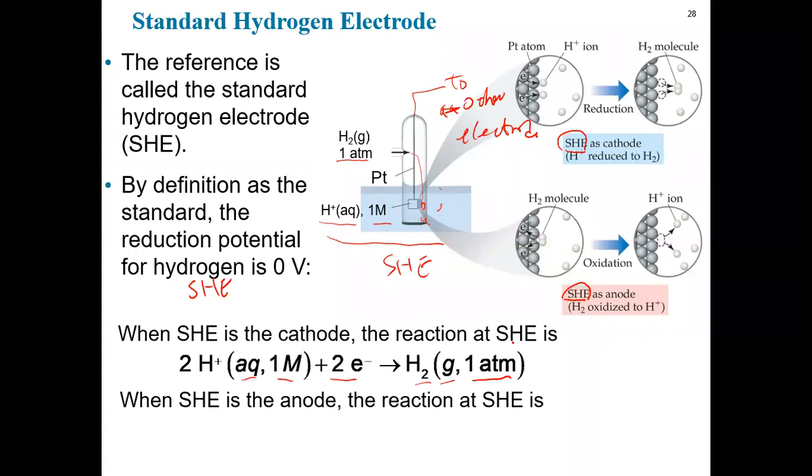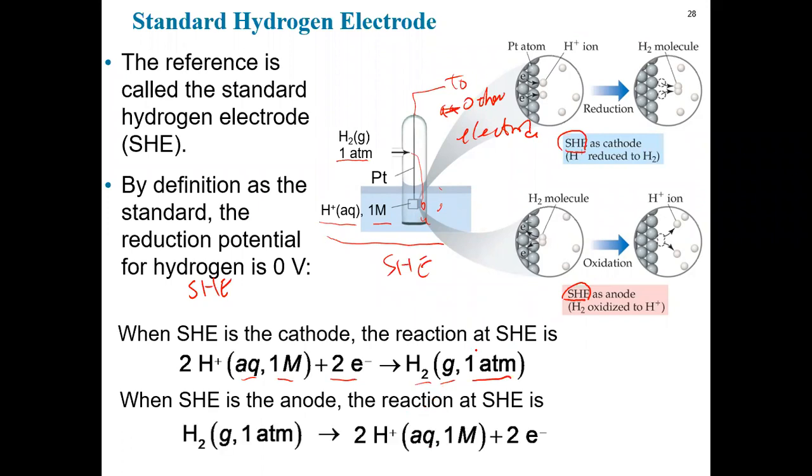When the SHE is the anode, hydrogen has been oxidized, so you reverse the equation: H2 gas, 1 atm, becomes 2 H plus, aqueous, 1 molar, plus 2 electrons. So that's our reference. Any questions?